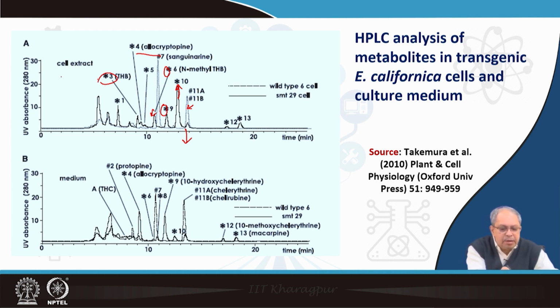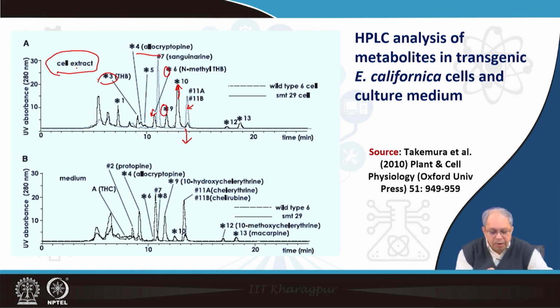and this one is from the cell extract, that is they have extracted the cell. Another interesting point, because these are cell cultures, these compounds are also secreted into the medium. So, when they analyzed the medium, they found that in the wild type medium the compounds are basically detectable, all the dotted lines, whereas in the transgenic one, the secretion into the medium is less.